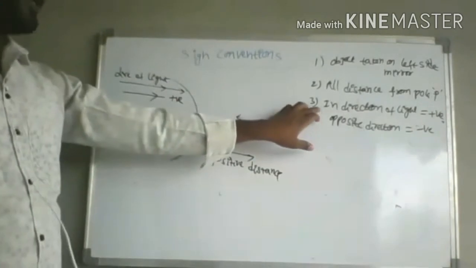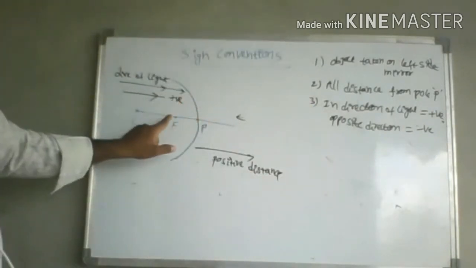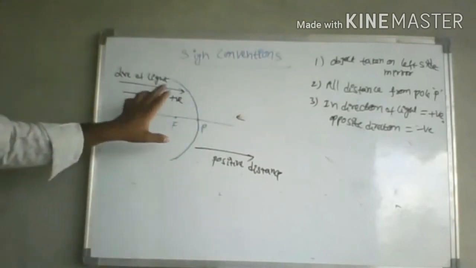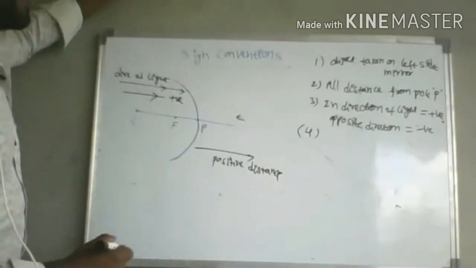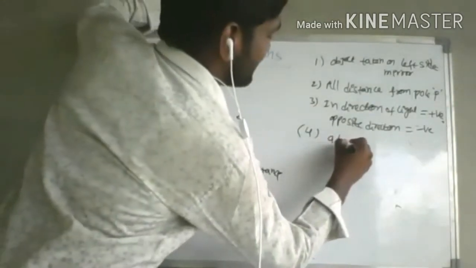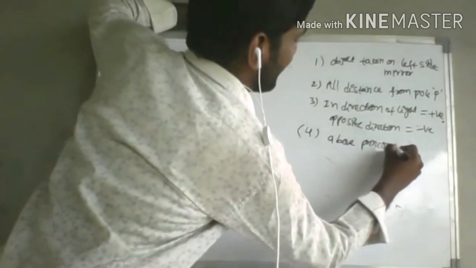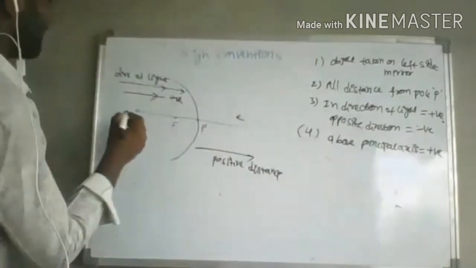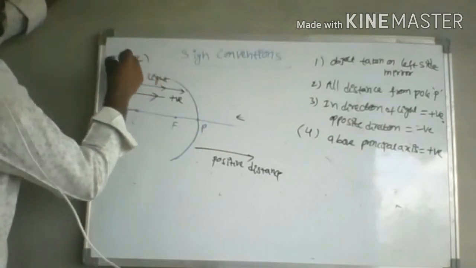Or this point we can represent in another manner. The distances in front of the mirror are negative, and the distances behind the mirror are positive. All the distances above the principal axis are taken as positive. So suppose here, this is the principal axis, right?